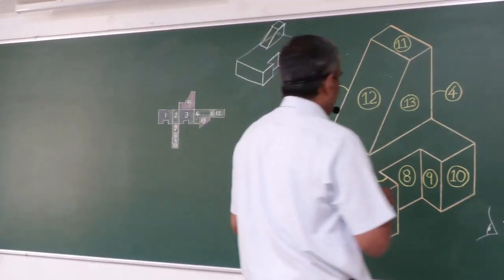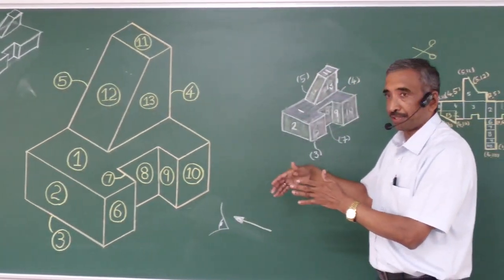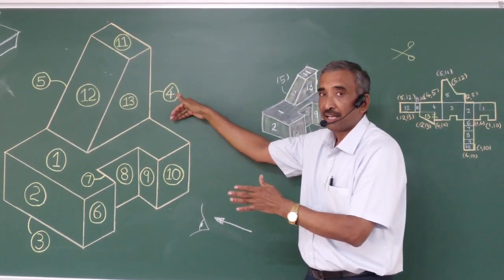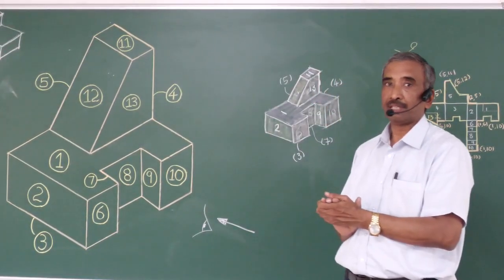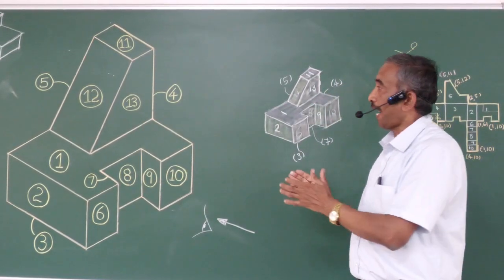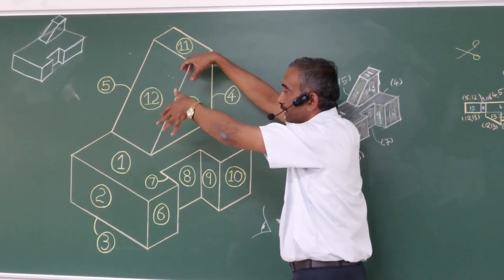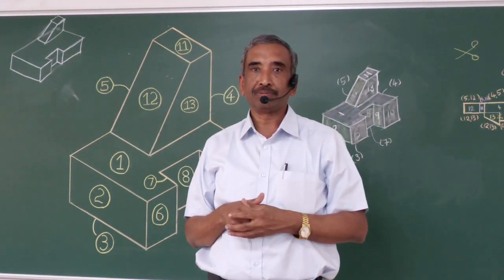So I come to my front. If I move towards my right, and if I look at the object in this direction, I'll be calling this as right side view of my object. The same way, I can go to the top and I can look at the object. I'll be getting the top view of my object.